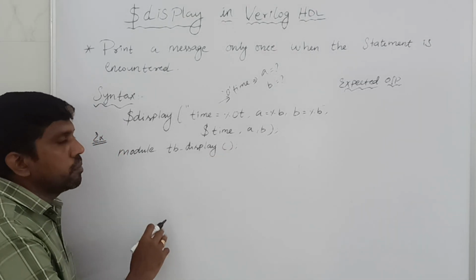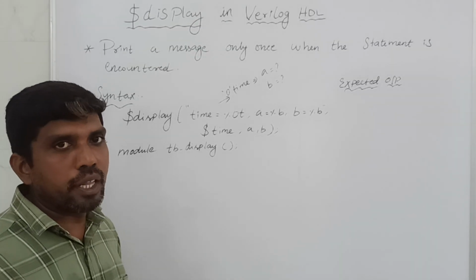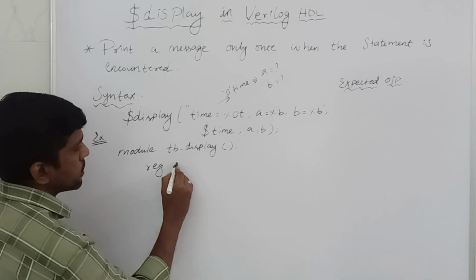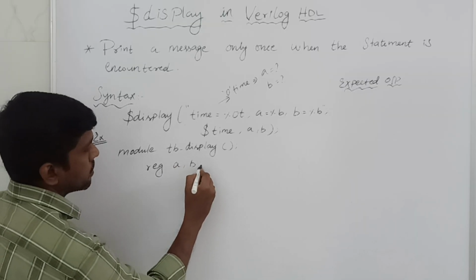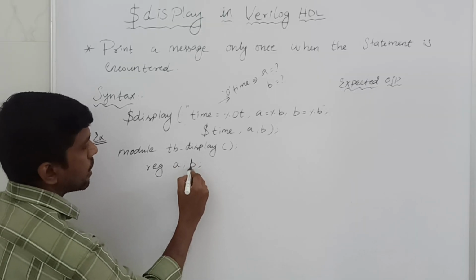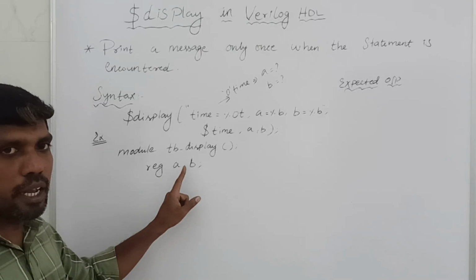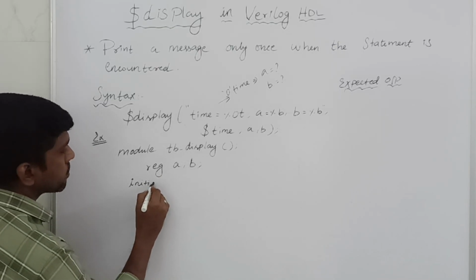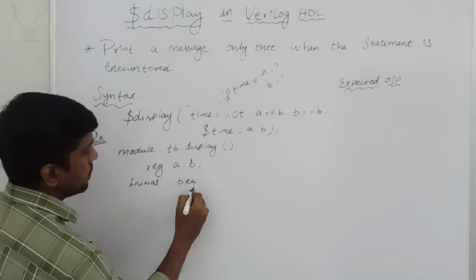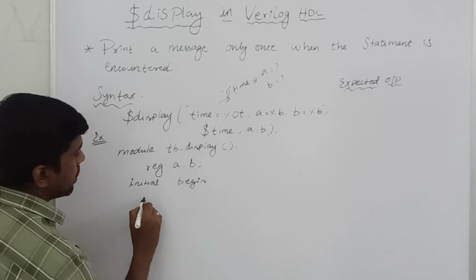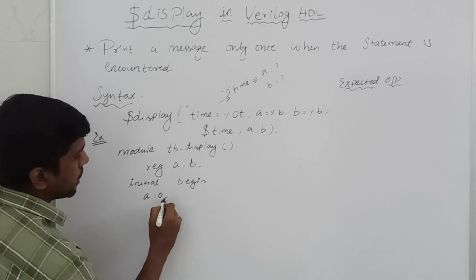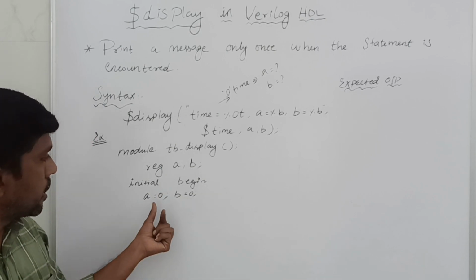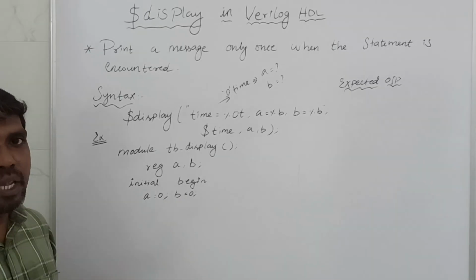In this program I need to display the two variables a and b, so these two variables are declared by reg a, b. Then initial begin. Initially let me assume a equal to 0, b equal to 0.